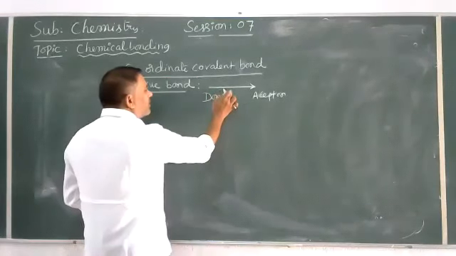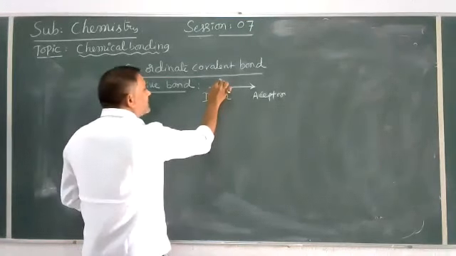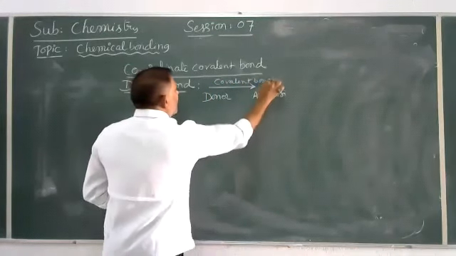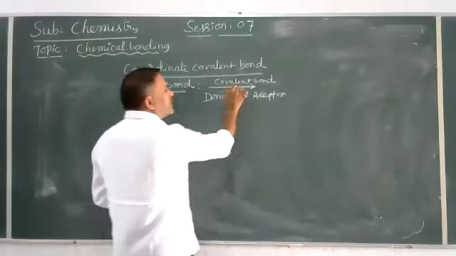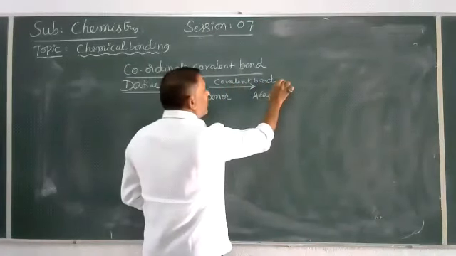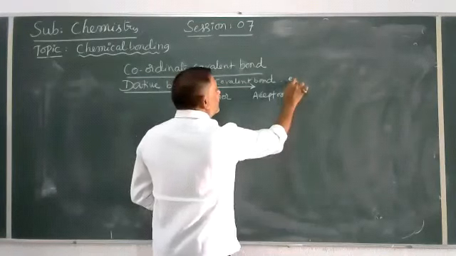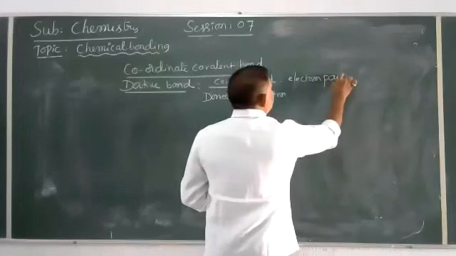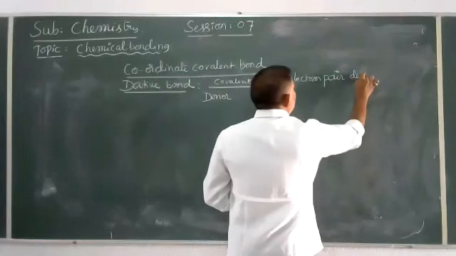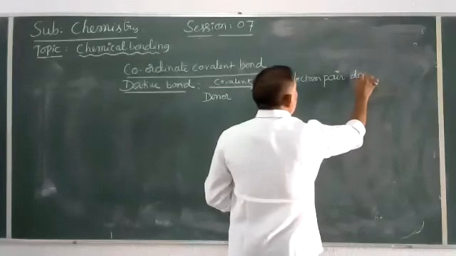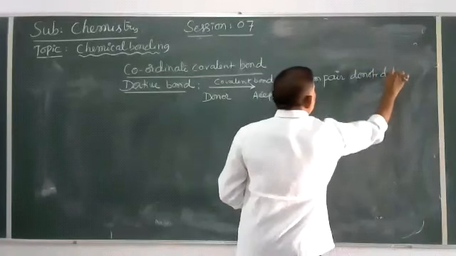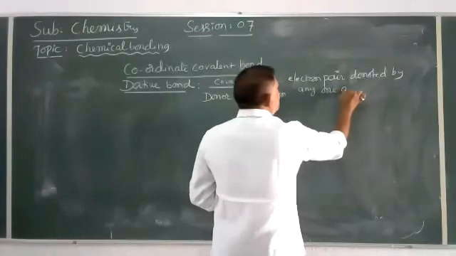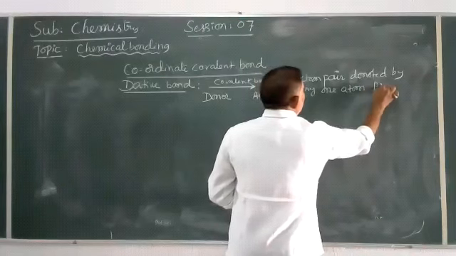So this coordinate covalent bond or dative bond is also considered a covalent bond, but in this bond formation, the electron pair is donated by any one atom present in a molecule.